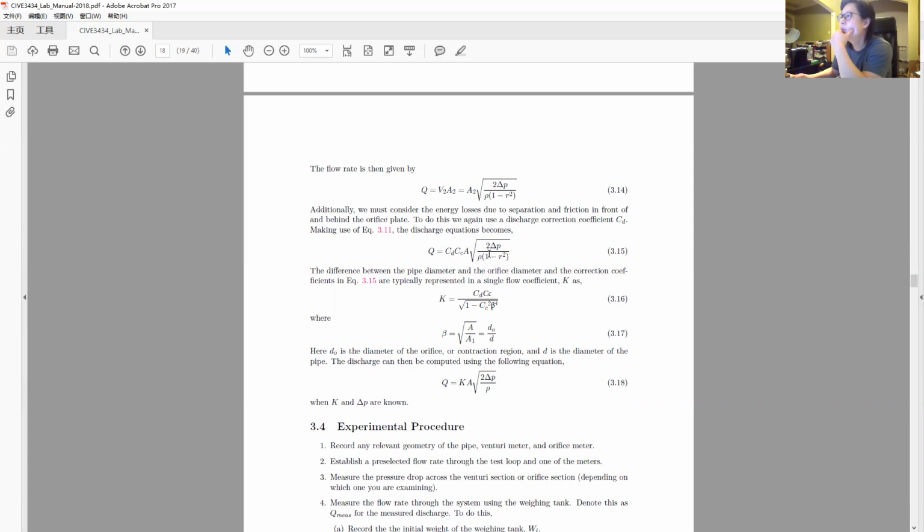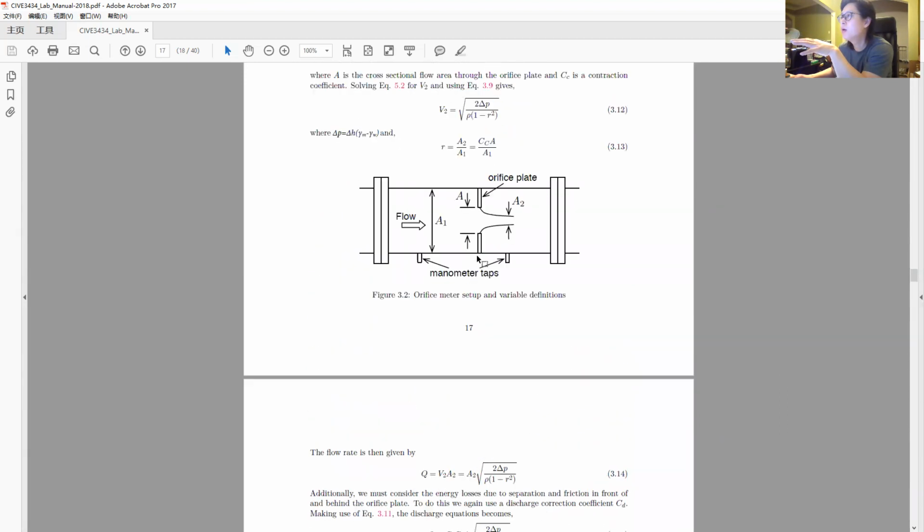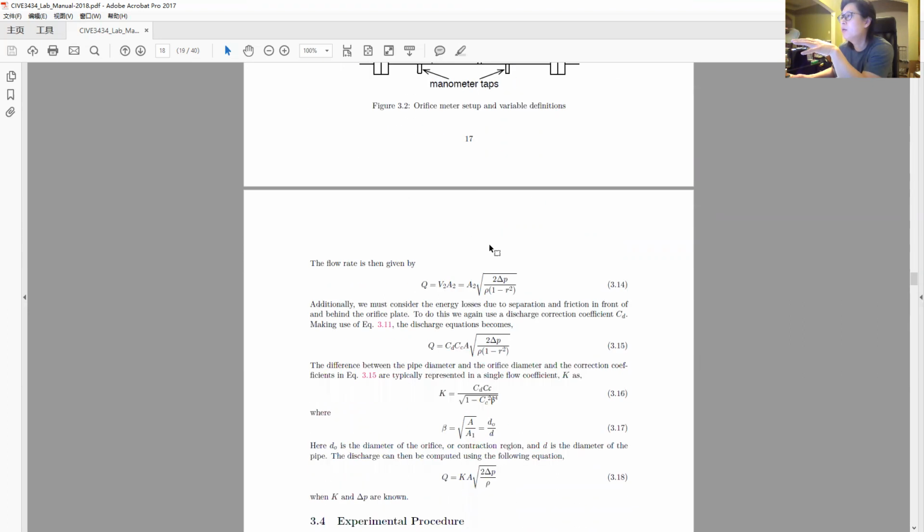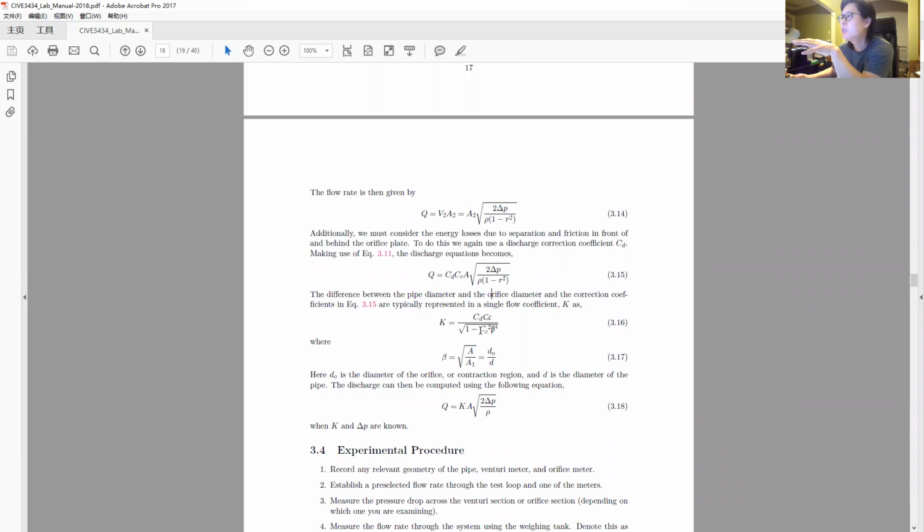So we take this part outside, so it will be the square root of 1 over R. And because R has a CC inside, R equals CC A over A1, we take the CC out and introduce a new term, beta. Beta equals A over A1.